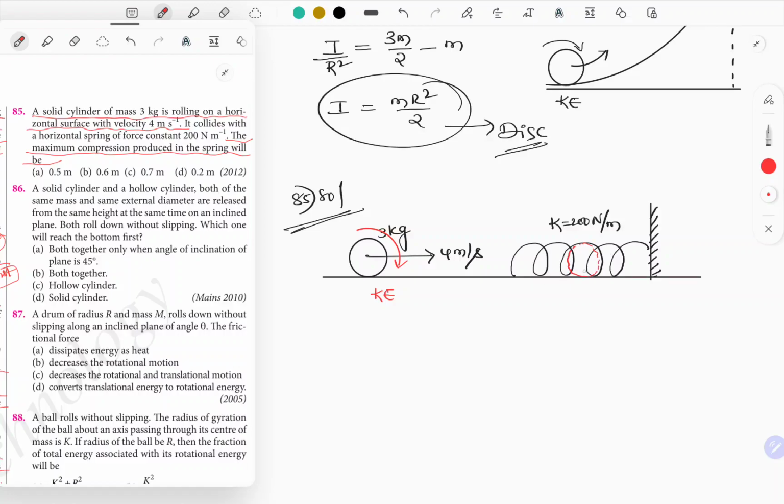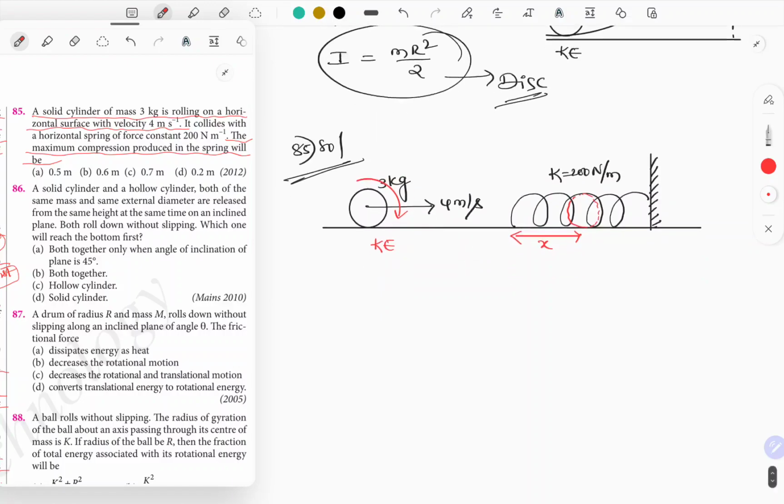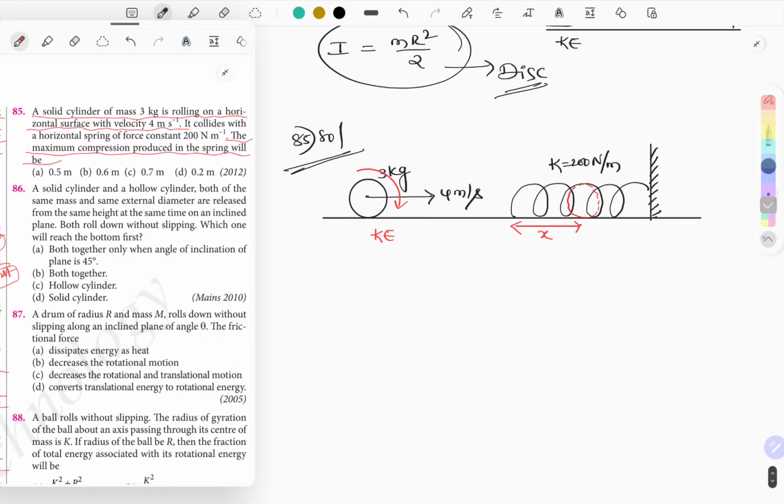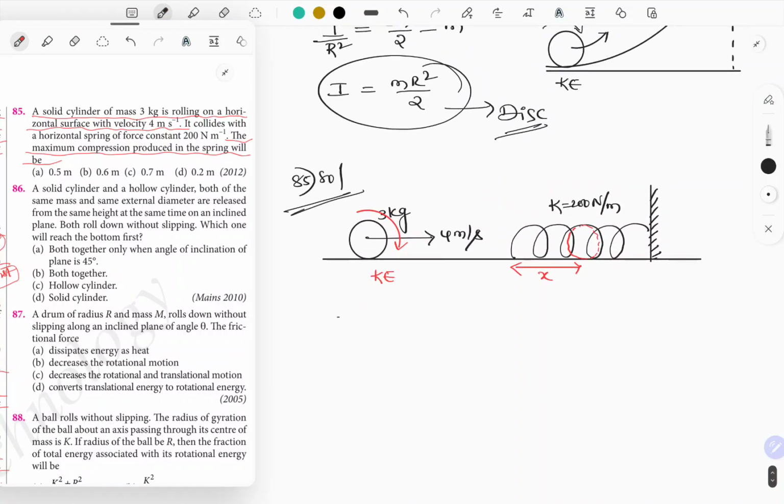When this ball collides with the spring, it will move up to this position. That means the spring is going to be compressed by a distance x. When the spring is compressed, it stores energy in the form of potential energy. So according to the law of conservation of mechanical energy, the kinetic energy of the rolling object is converted into the potential energy of the spring.